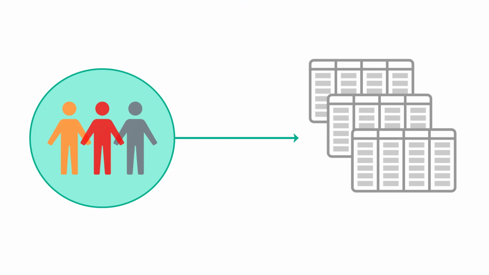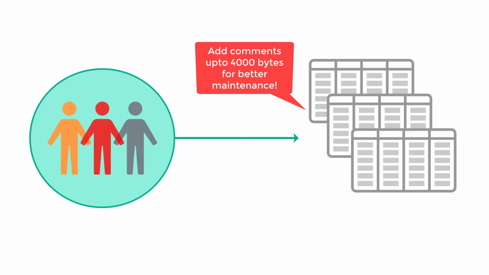Suppose a team of developers is working on common tables in the database. It is always a good practice to have a short description of tables or columns in the database. You can do this by adding comments up to 4000 bytes about a column, table, or a view using the comment statement.